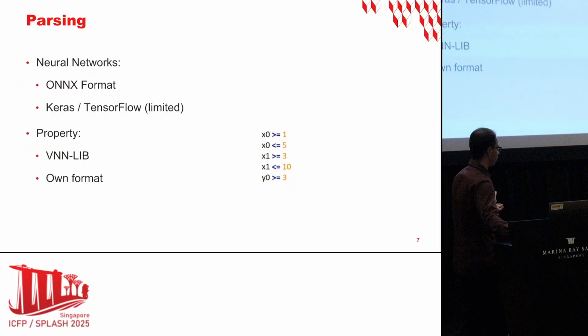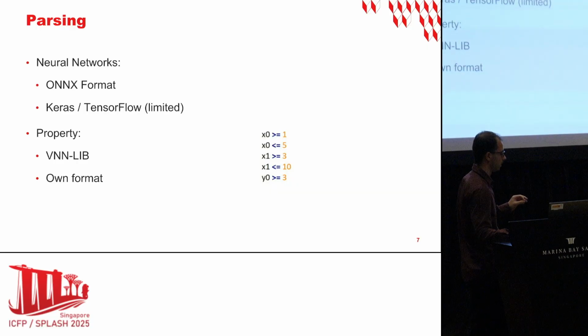So neural networks are represented in different formats. In PyRAT we support the main format, which is ONNX. We also have other formats, but this is more limited. We take these formats and transform them into our own internal representation of neural networks to efficiently verify them.